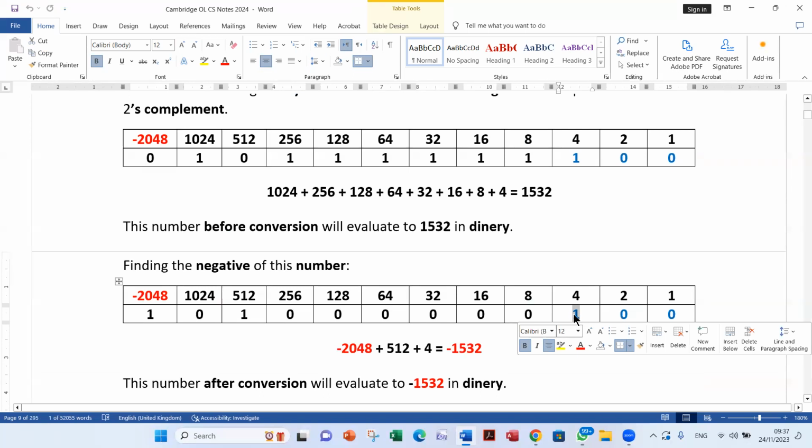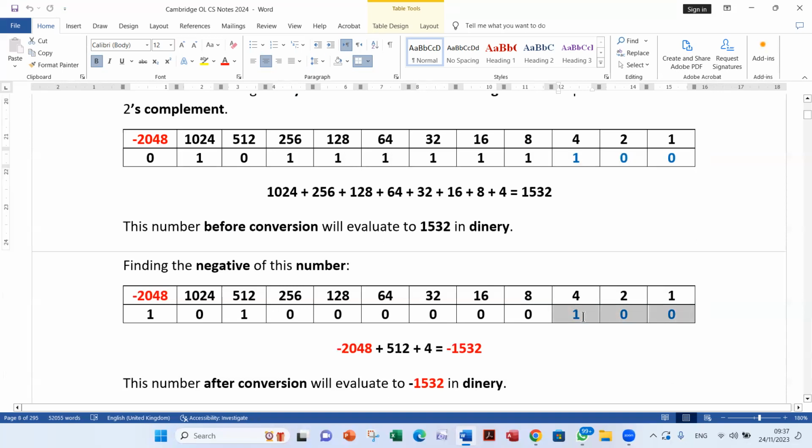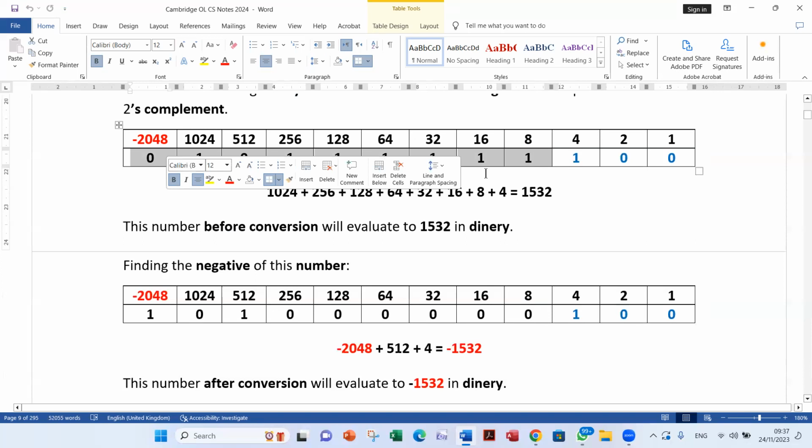Afterwards, you flip: any zero, you copy as 1, and any 1, you copy as 0. Starting from here, you have a 0 and 1, and these will be here the way they are. After finding that first one, everything is flipped. 1 becomes 0, 1 becomes 0, 1, 1, 1, all zeros. Okay, everything is flipped.